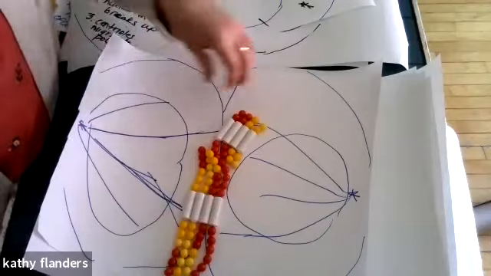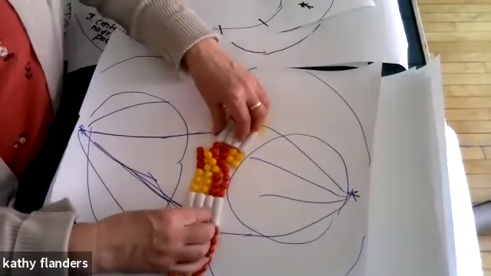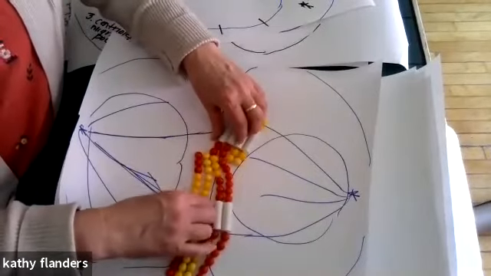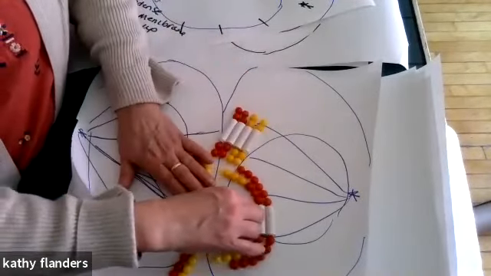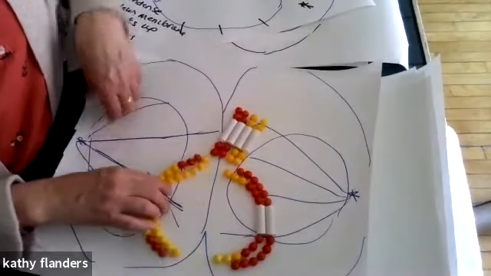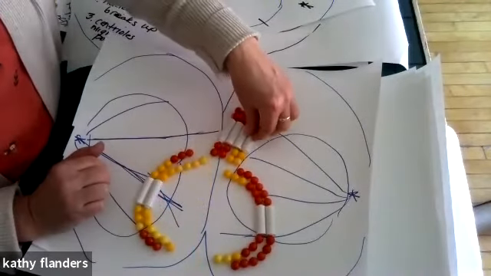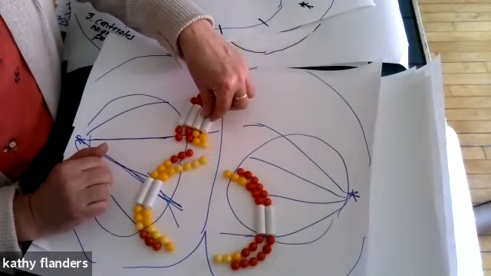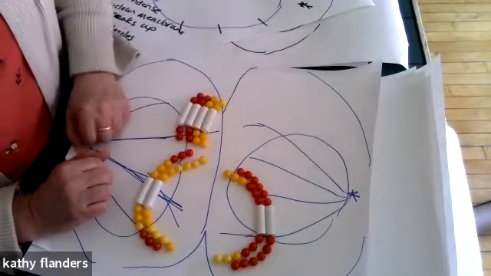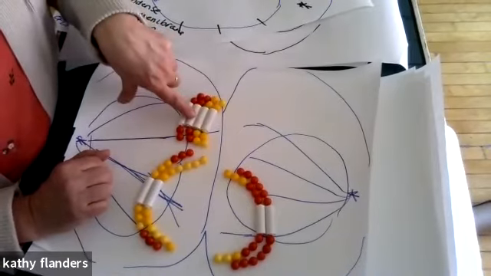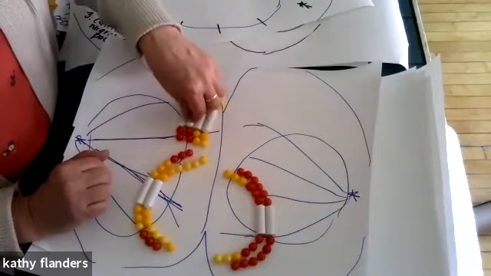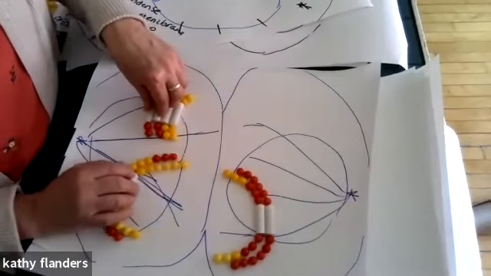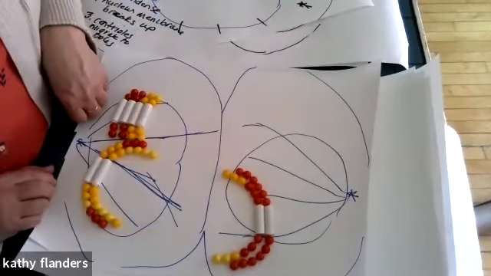But what happens if my spindle, let's say this separates and this goes this way, and this one separates and goes this way, but this goes this way. There's a mess up here. And all of my chromosome 22s go into this cell.